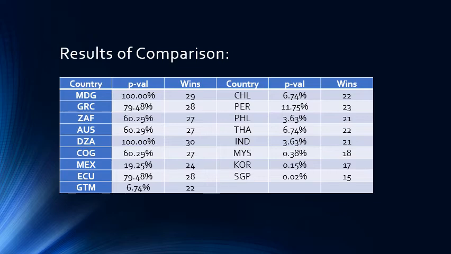This is not really very different from 50%, and the p-value is 60%, which is very large. So this computation of the p-value tells us whether or not there is a significant difference between the growth rate performance of Argentina compared to the country listed in this table.